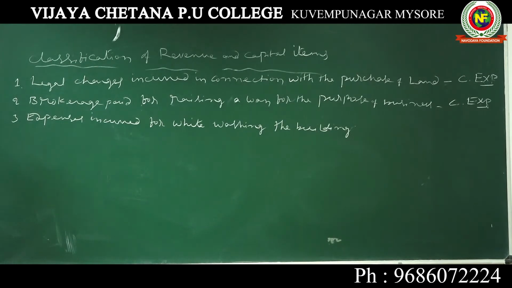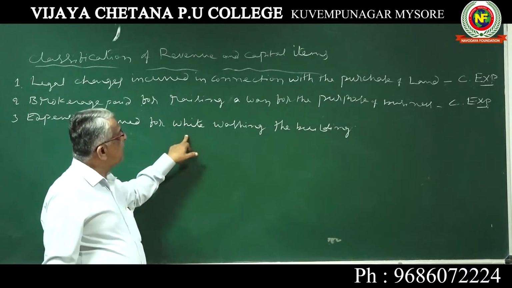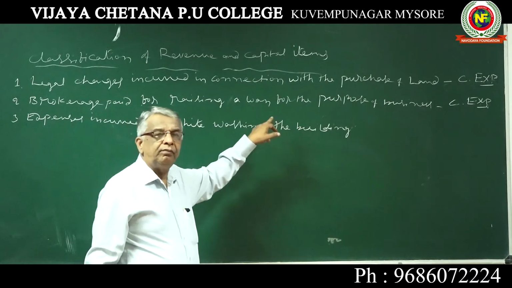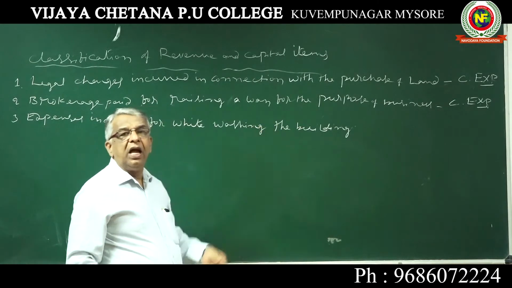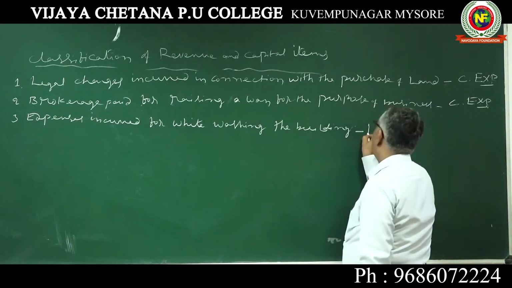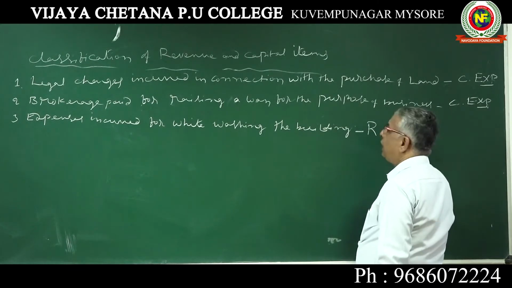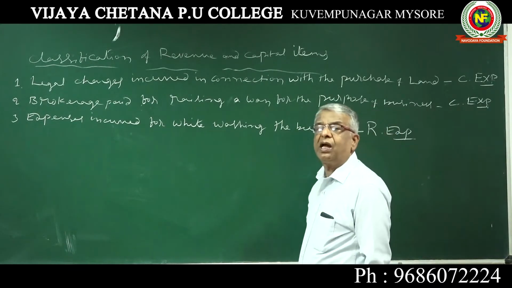Every year, as you know, in national festivals, each and every person is going to apply whitewashing or painting to their building. So here, expenses incurred for whitewashing the building is a revenue expenditure. Why is it considered as revenue expenditure?